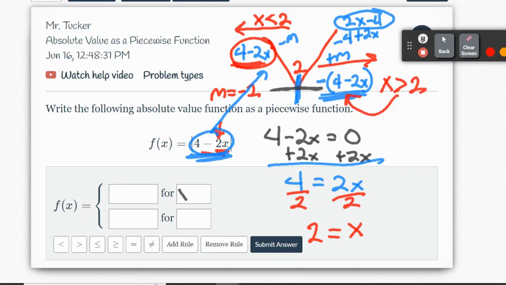So I'm going to say x, just like before, I'm going to put the positive one on top. X is greater than, and I'm going to throw in the equal to symbol there, 2, and then here's going to be x is less than 2. So because I wrote the positive one on top, this is the one that requires the negated positive slope version. So I need to make this one -4 minus 2x because technically that's 2x minus 4, where I have a positive slope.